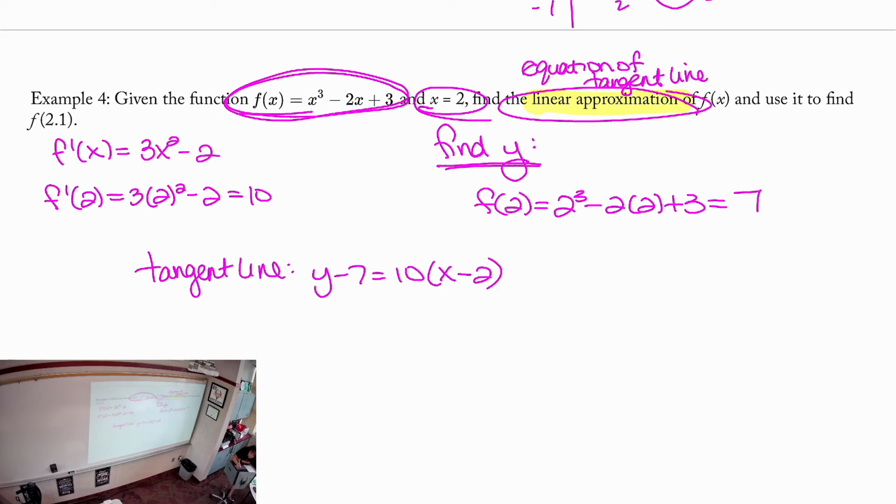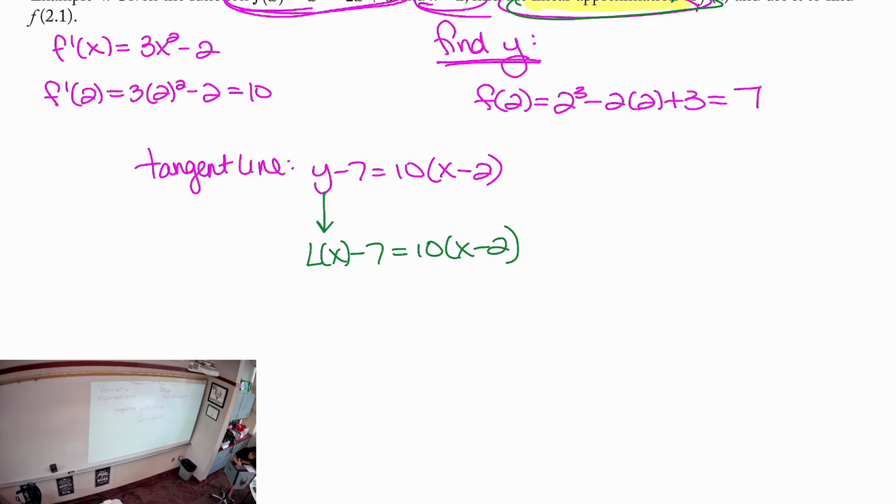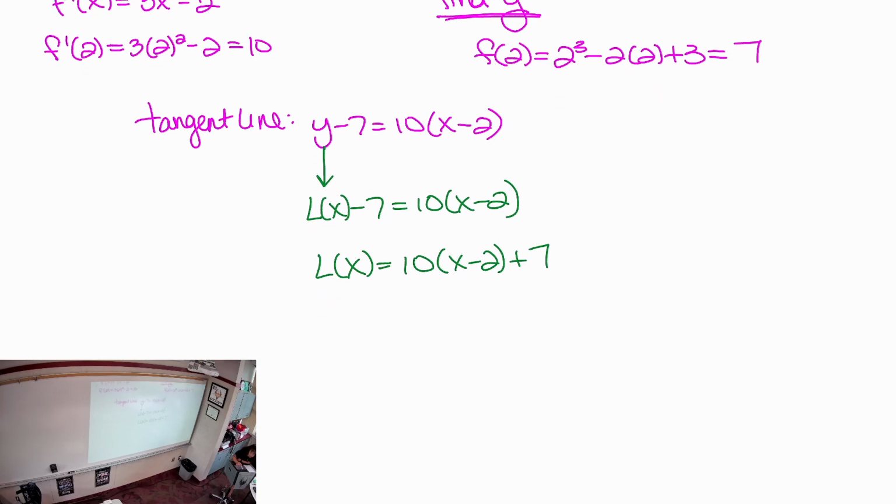To do my linear approximation, I'm going to change y to be L of x. Then I'm just going to move the 7 to the other side. That is my linearization equation.